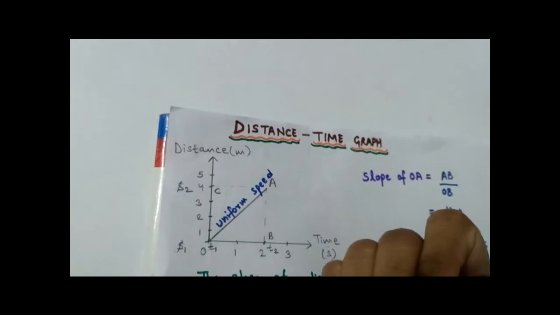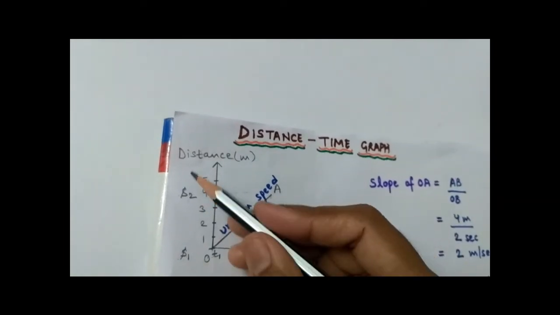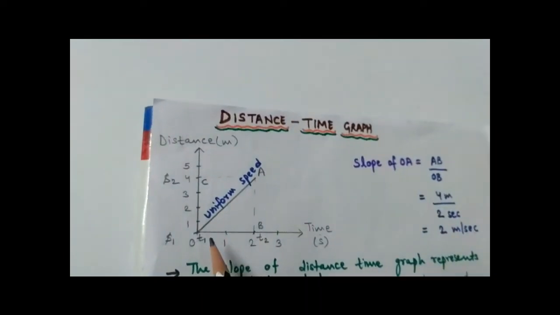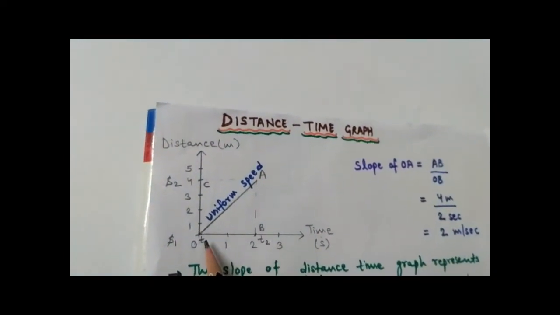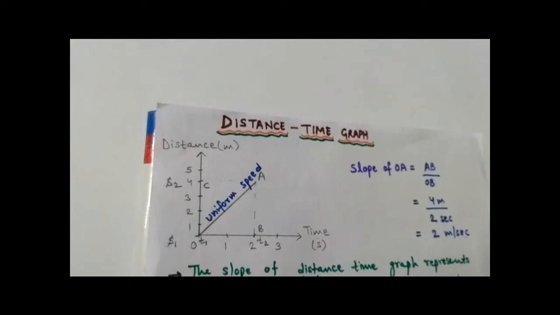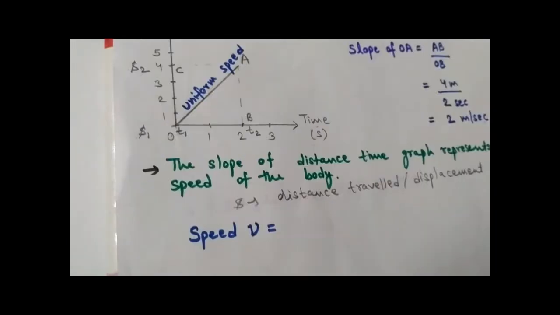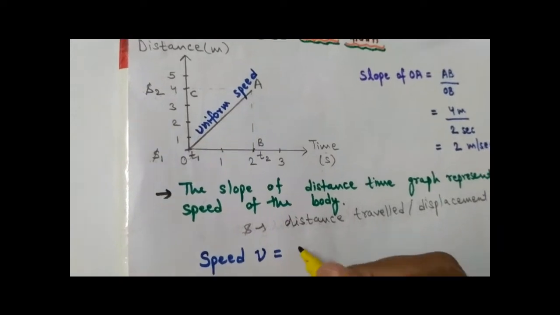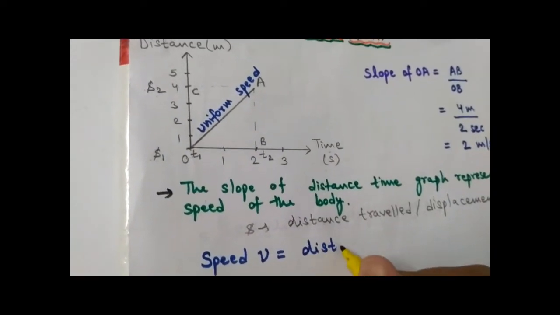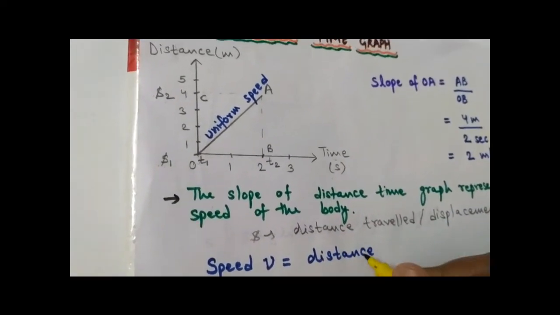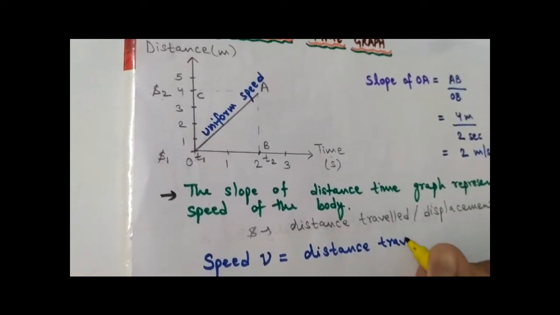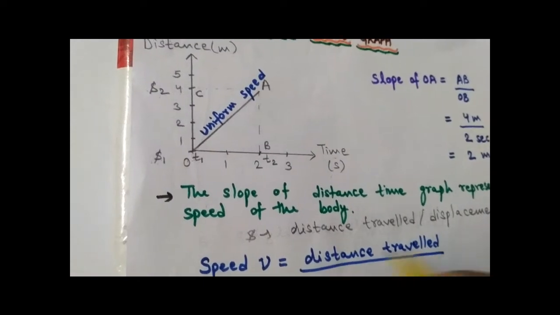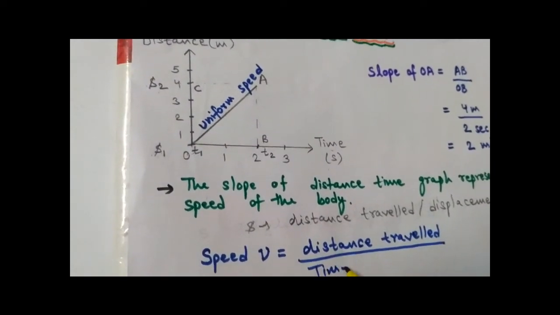S2 minus S1, and this distance is traveled in the time period of t2 minus t1 second. So can we write speed is equal to distance traveled upon time taken?